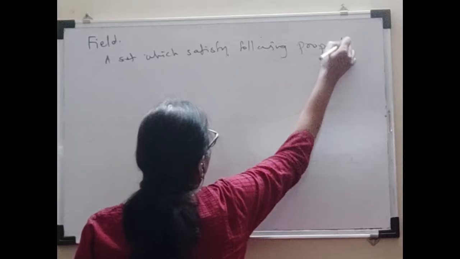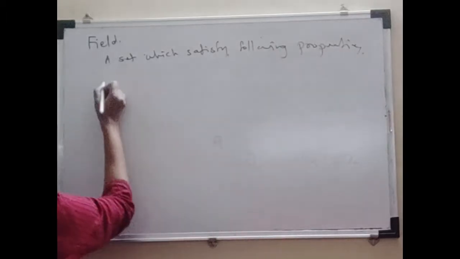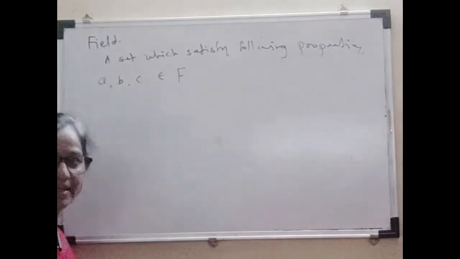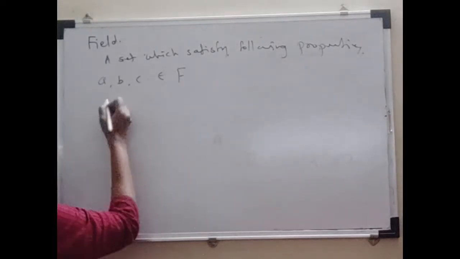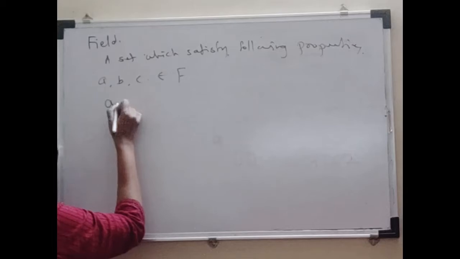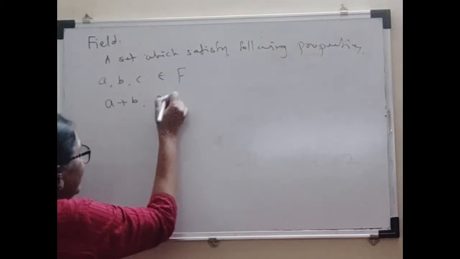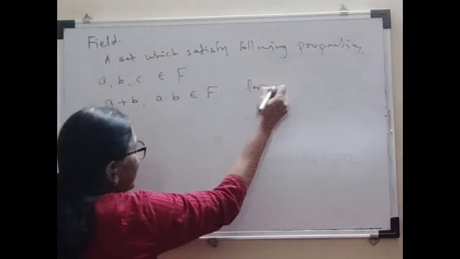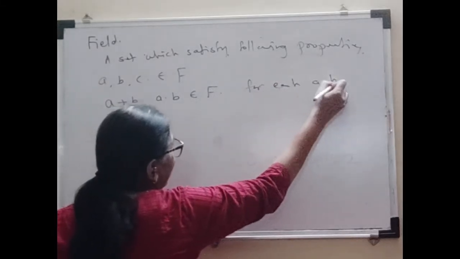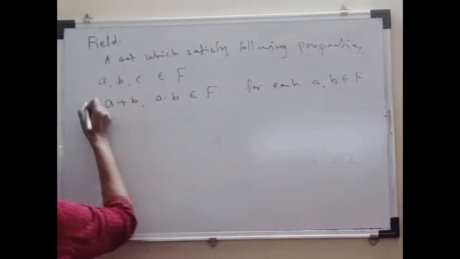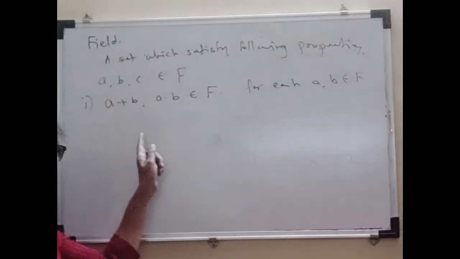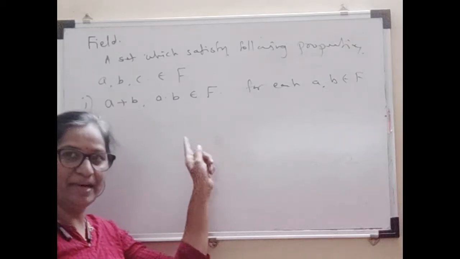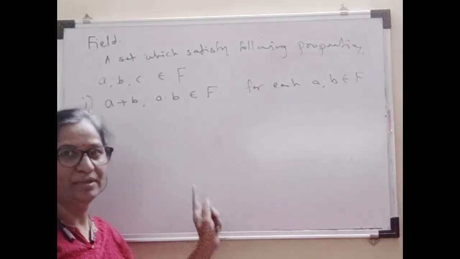So first of all, suppose a, b, c are members of field F, then we should have a plus b and a into b must belong to F for each a and b belonging to F. So it is nothing but the closure property. For any two elements a and b, the sum and product must belong to F.